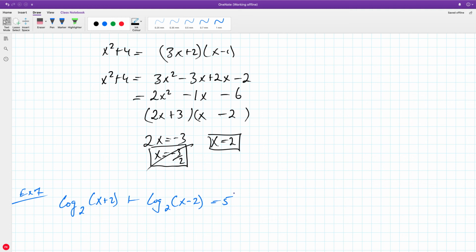So remember now, that's not log 5 to the base 2, that's just 5. See if all 3 of them get answers.